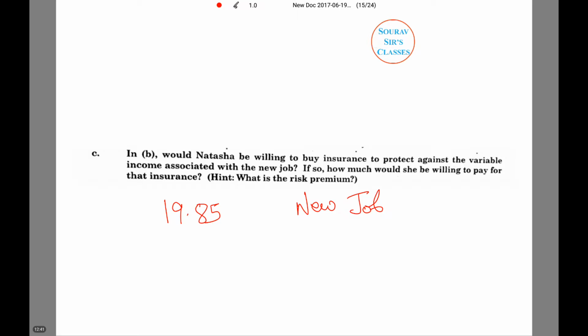Now assuming that she takes the new job, Natasha would be willing to pay a premium equal to the difference between the 40,000 that she was receiving previously and the income equivalent of the gamble, so as to ensure that she obtains a level of utility equal to 20.